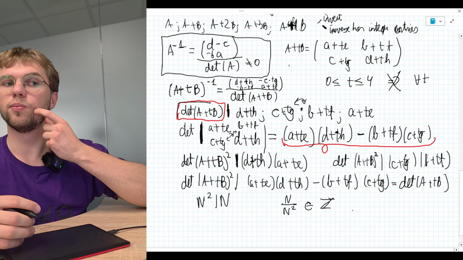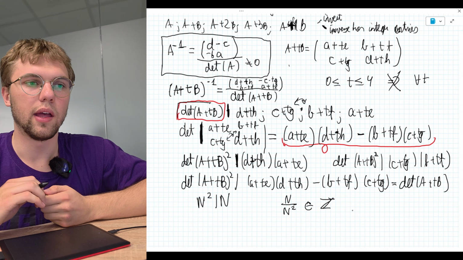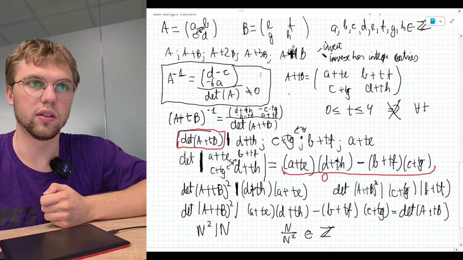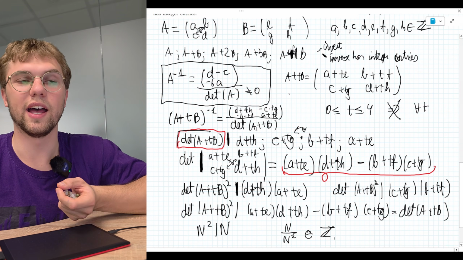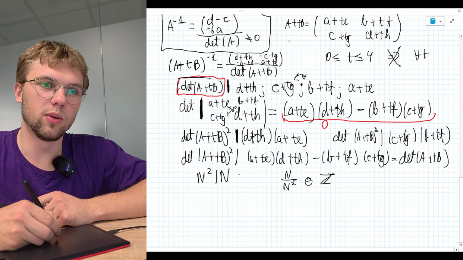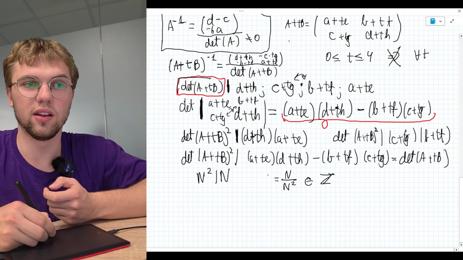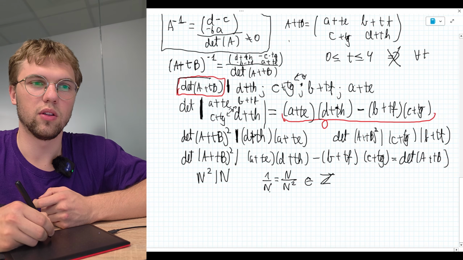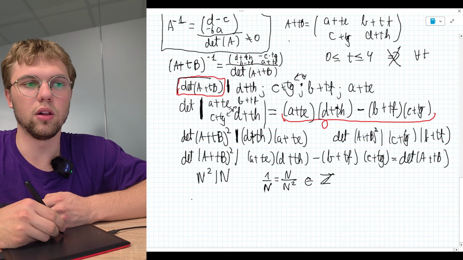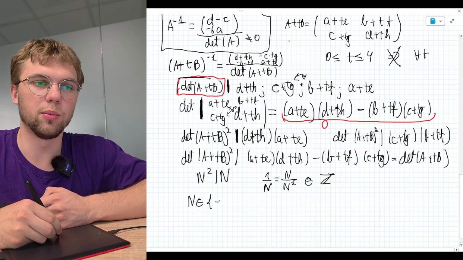In addition, we know that we can't have any degenerate cases, and the determinant can't be equal to 0. Why is that? Because if it were equal to 0, we wouldn't have an inverse matrix. So we can divide by n because n is non-zero. So we need this number to be an integer. And I think all of you see that this only can happen if n comes from this set.